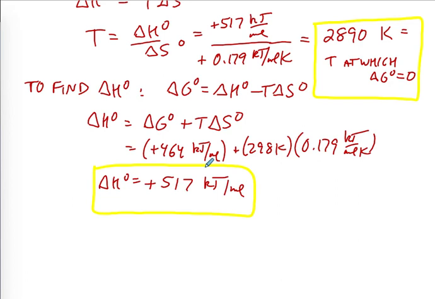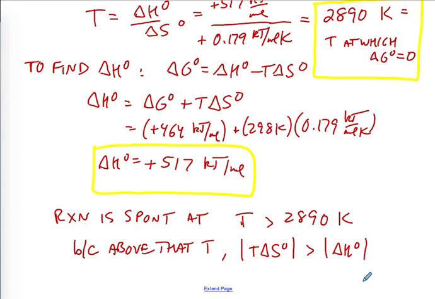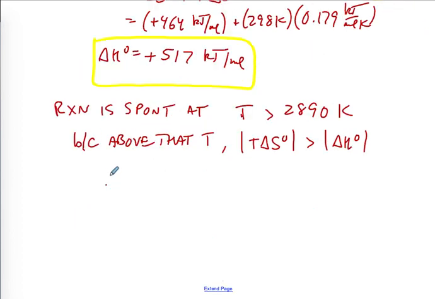So we can conclude that the reaction is spontaneous at a temperature greater than 2,890 Kelvin, because above that temperature, the magnitude of T delta S naught is greater than the magnitude of delta H naught, and therefore delta G naught becomes negative, and the reaction becomes spontaneous.